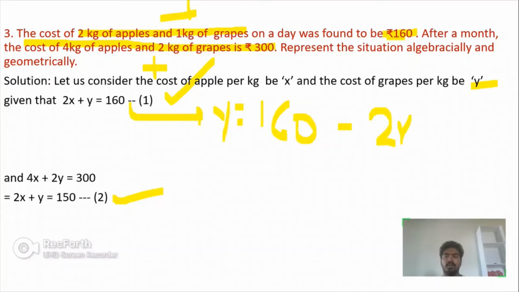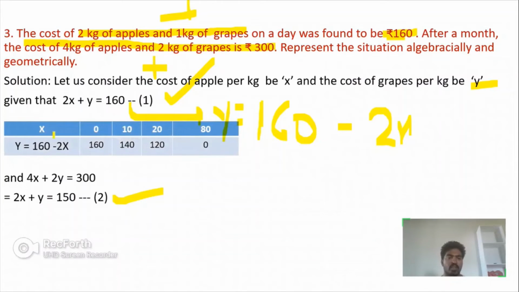Now we want to find a table: for what values of x, what is the corresponding value of y. So table 1. If I take x equal to 0 and substitute in the equation y equals 160 minus 2x, then I get 160 minus 0, so y equals 160. If I take x equal to 10, then y equals 160 minus 20, which is 140.